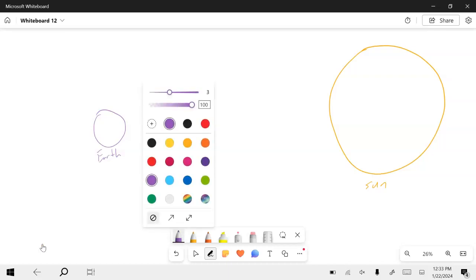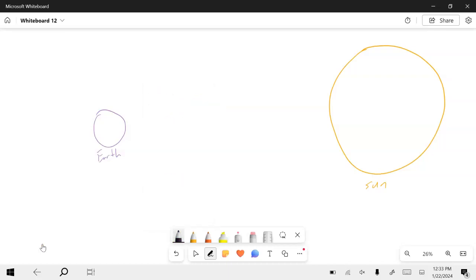Excuse me. And so we know that when we usually talk about gravity, we talk about from the center of the object. So I'm going to draw that. Okay, this is the force of gravity. And specifically, it is going to be the sun on the earth.